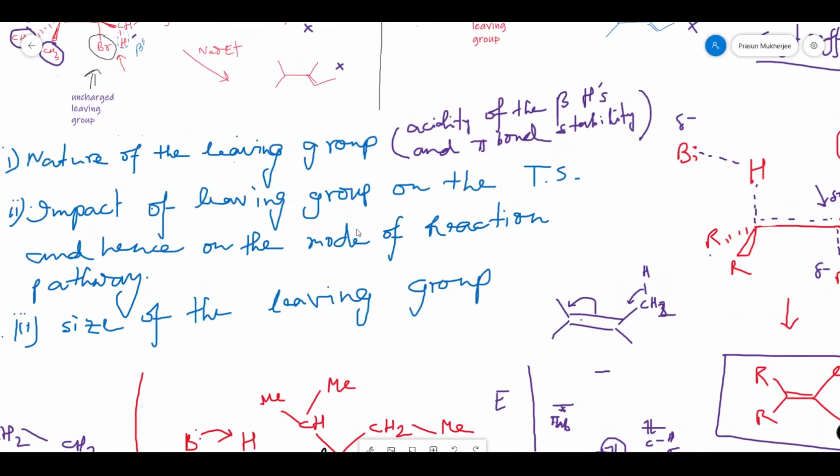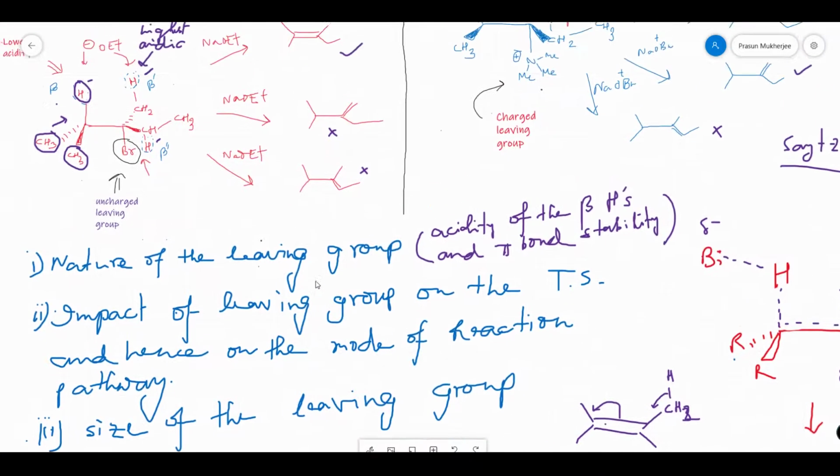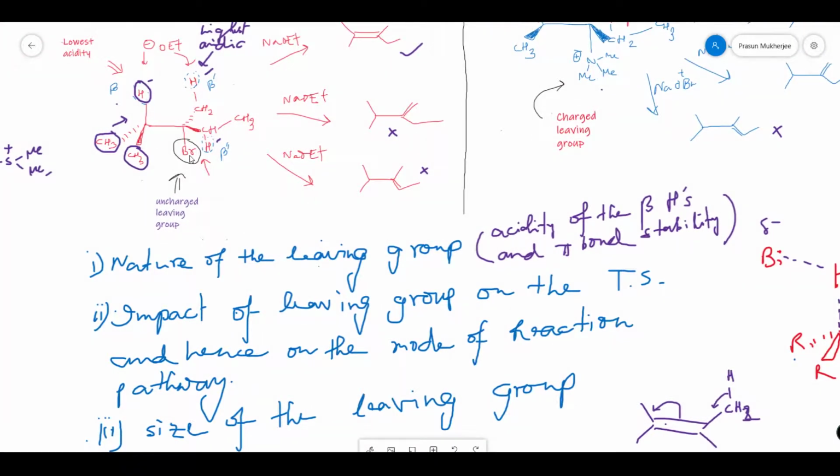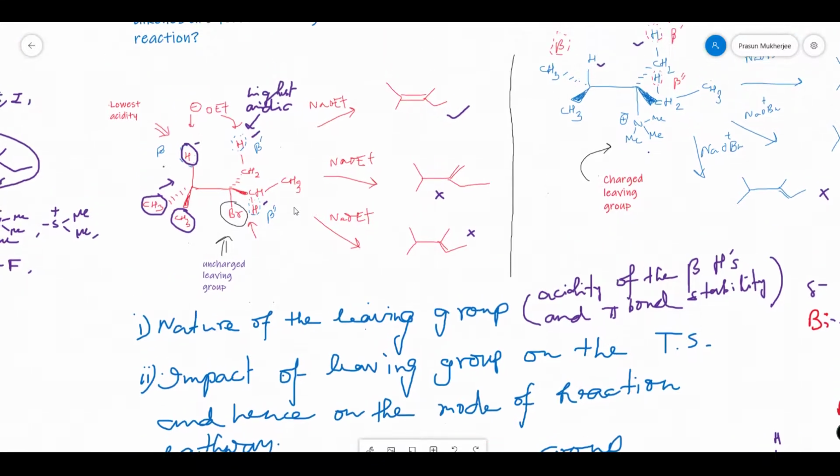Now let us consider the factors affecting this anomaly. First of all, we have to consider the nature of the leaving group. Obviously, when the leaving group is uncharged, that is bromine, iodine, any halogen except fluorine, or OTs, OMs, mesylate, tosylate, brosylate, in those cases the favorable mechanism will be the Saytzeff pathway.